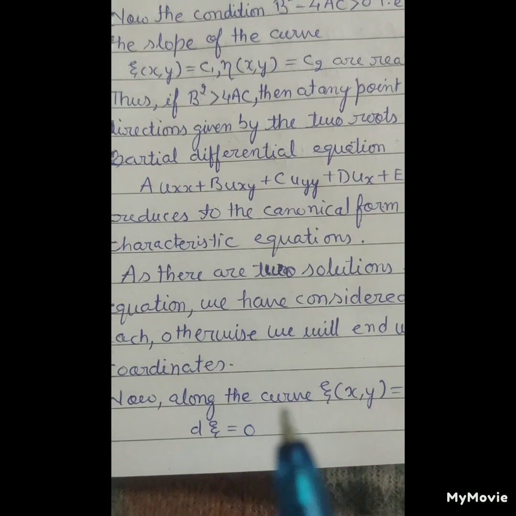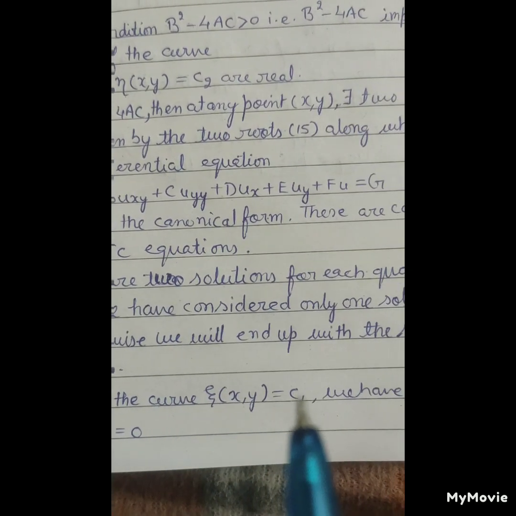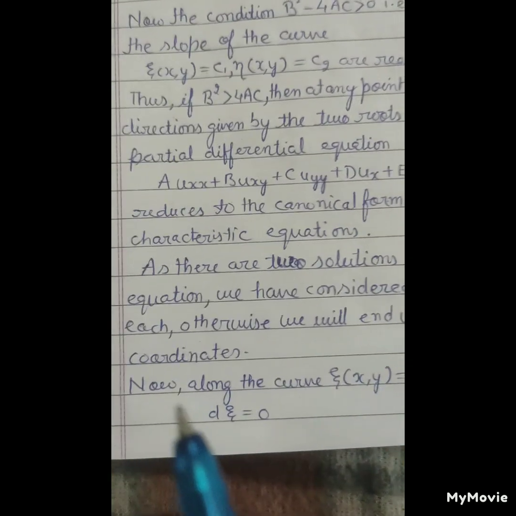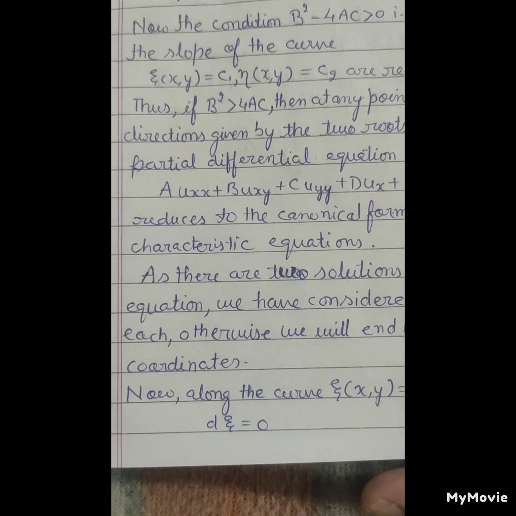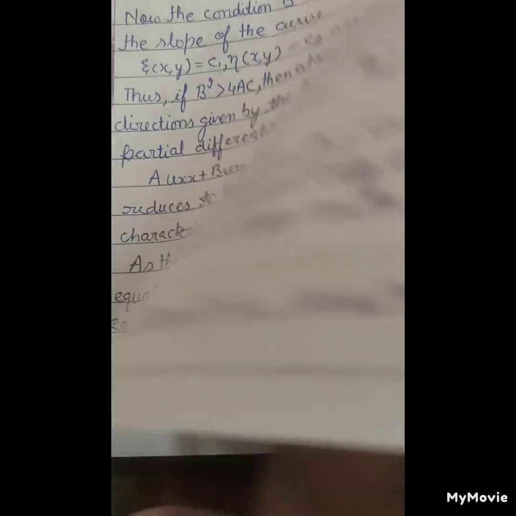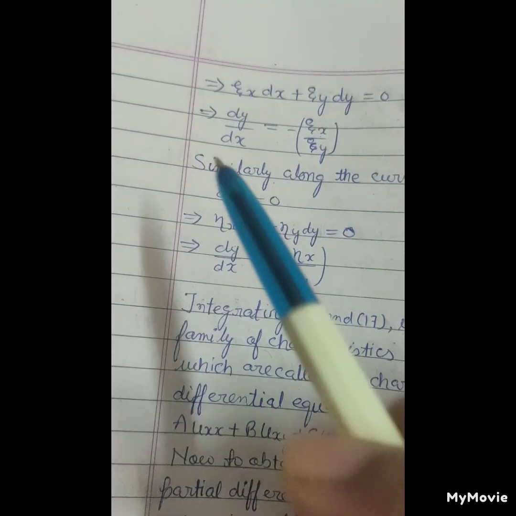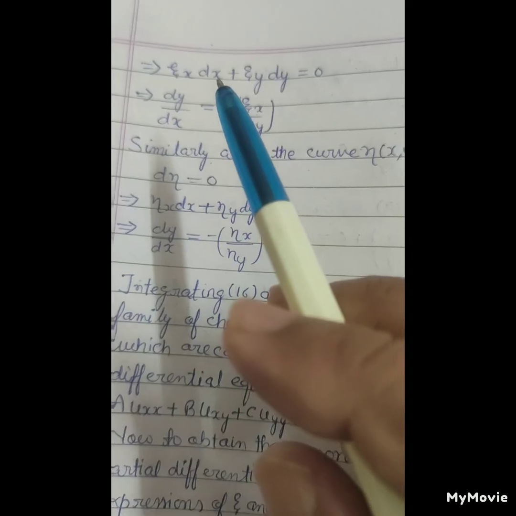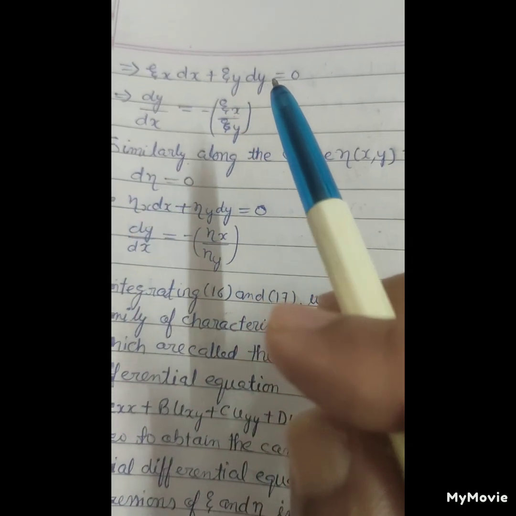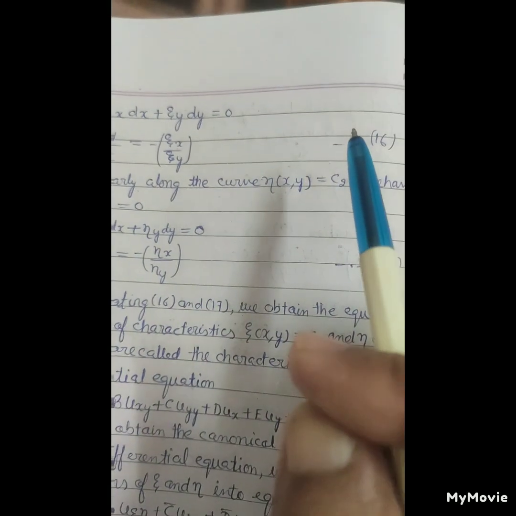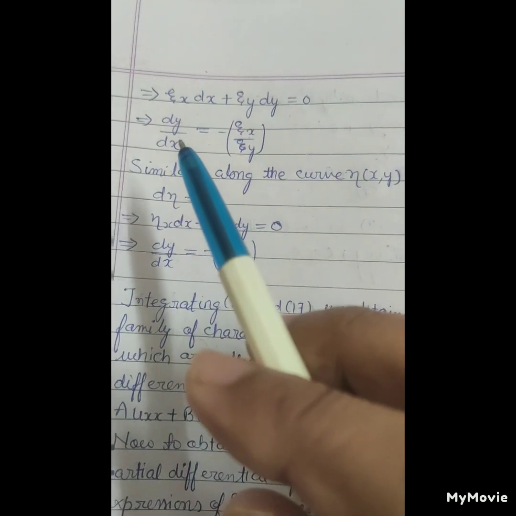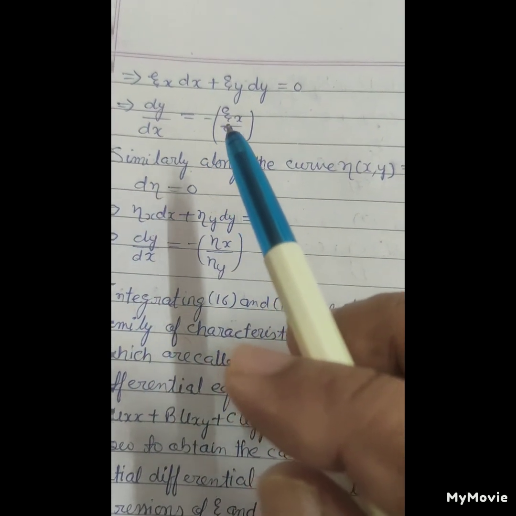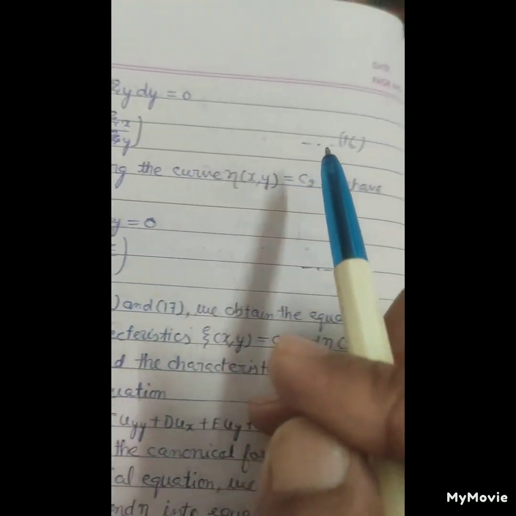Now along the curve η(x,y) equals c1, we have dη equals 0, which implies η_x dx + η_y dy equals 0, which implies dy/dx equals −η_x/η_y.